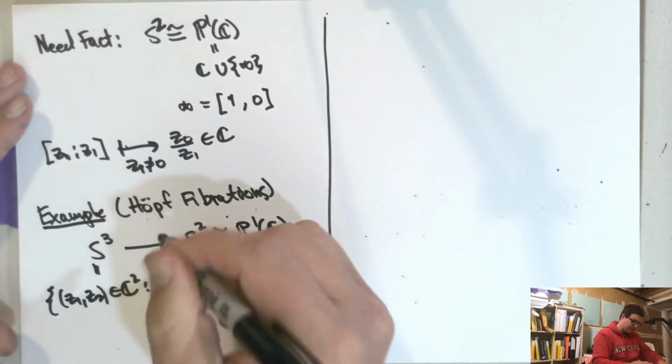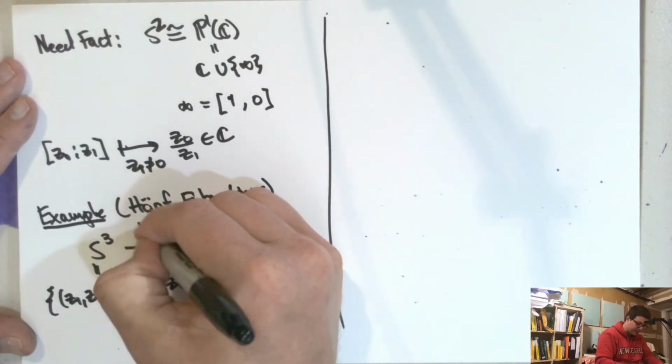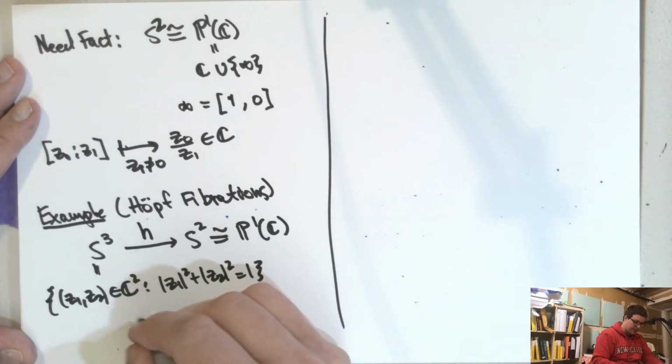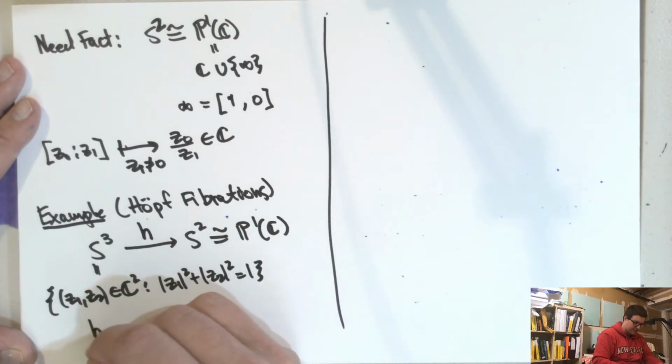Let's call this map H for Hopf, and we define H of Z1, Z2.